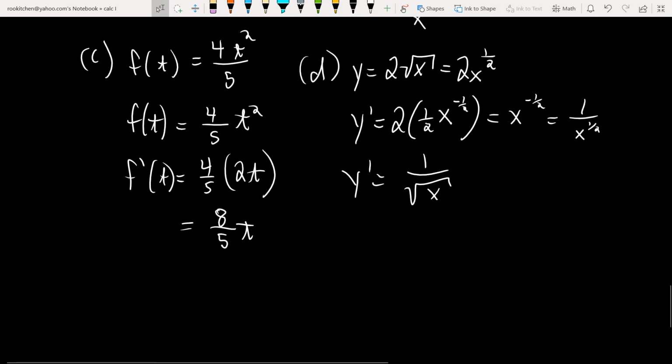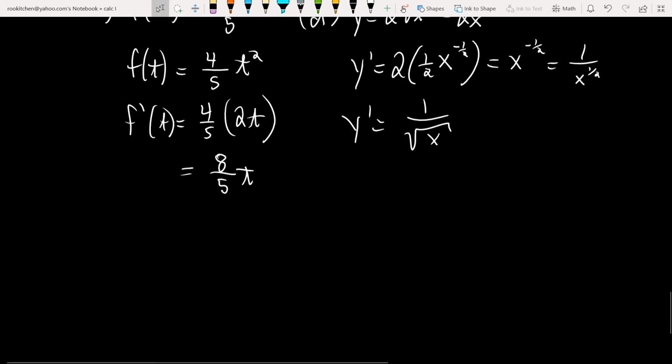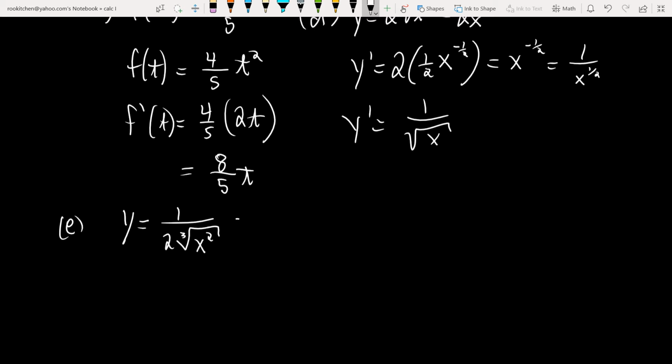Let's try one more, and then we'll introduce another law. Okay, I'll rewrite it into a form I can use the power rule on.